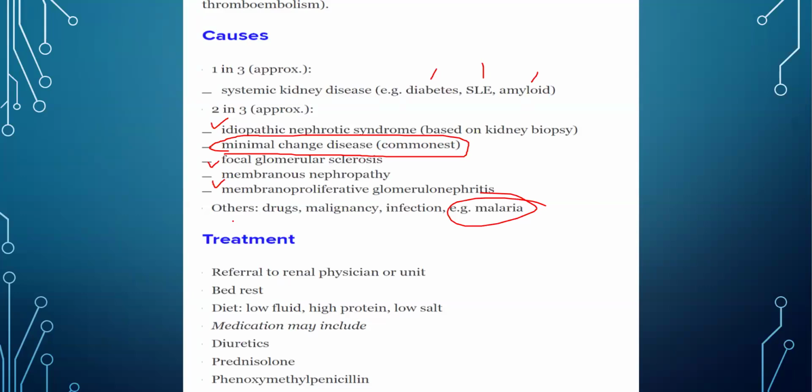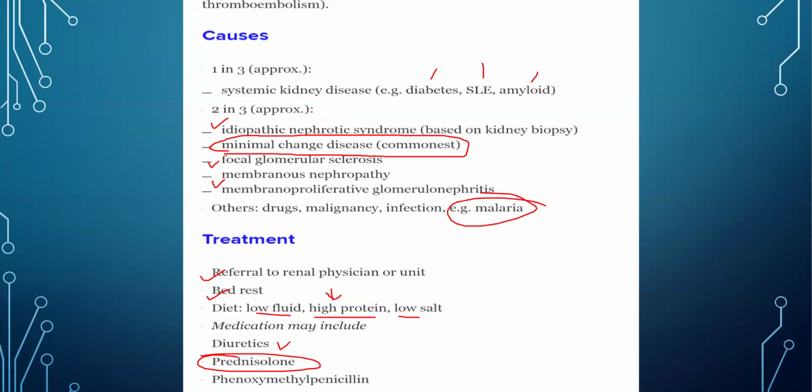So once you diagnose them, then the treatment. This patient needs to be admitted to the hospital in the renal unit, with bed rest and a strict fluid balance chart. So low fluid, high protein, because the child is losing protein, so you have to give more protein, and low salt. The main medication for this patient is prednisolone. Most nephrotic syndrome children are quite sensitive to prednisolone, so usually prednisolone should be able to treat the condition.